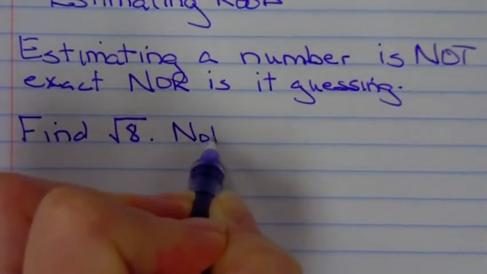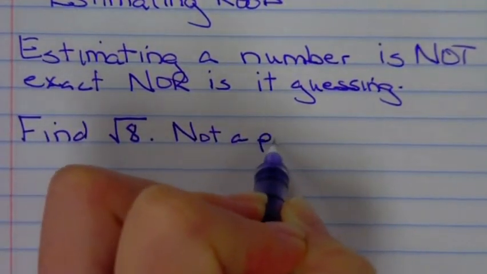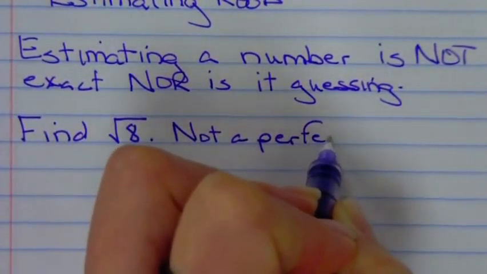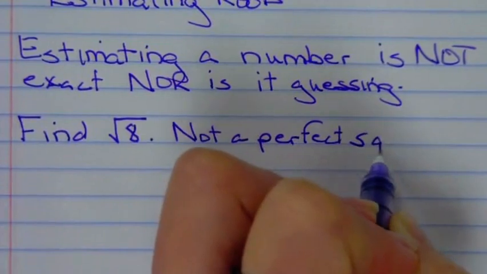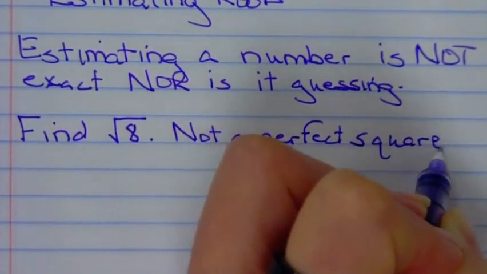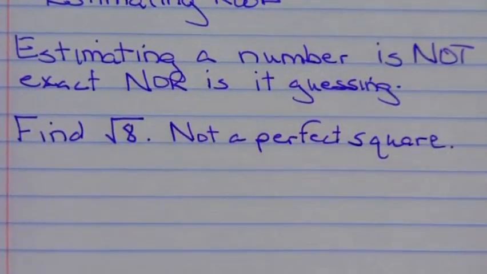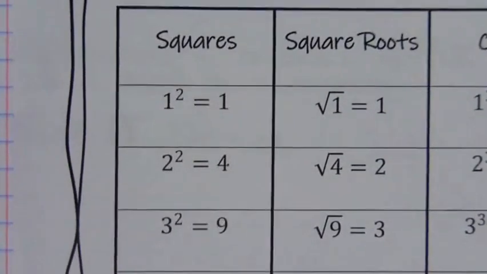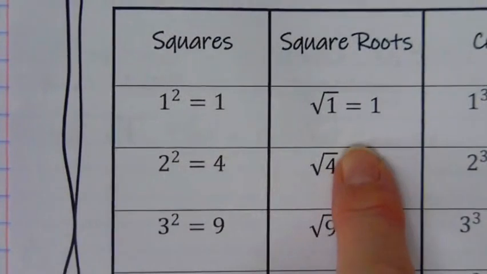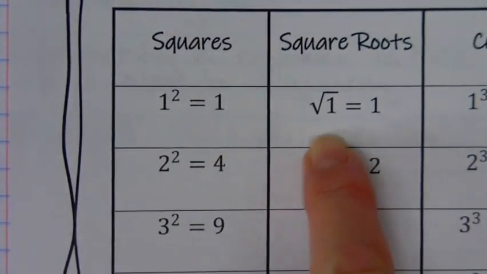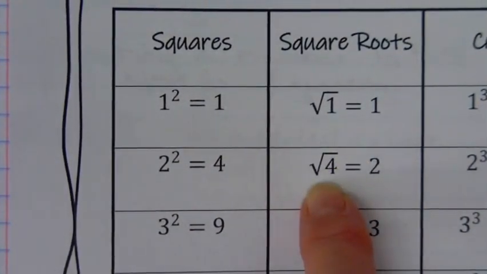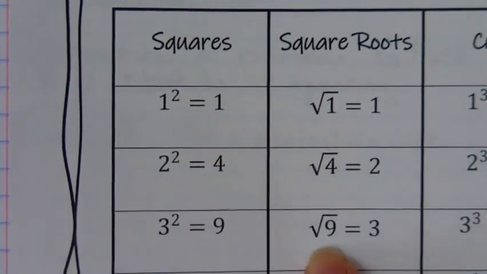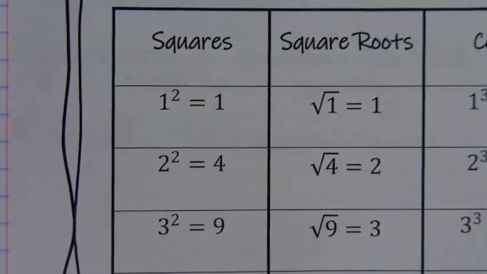So what we're going to do then is take our squares. The square root of 1 is 1, square root of 4 is 2, square root of 9 is 3.